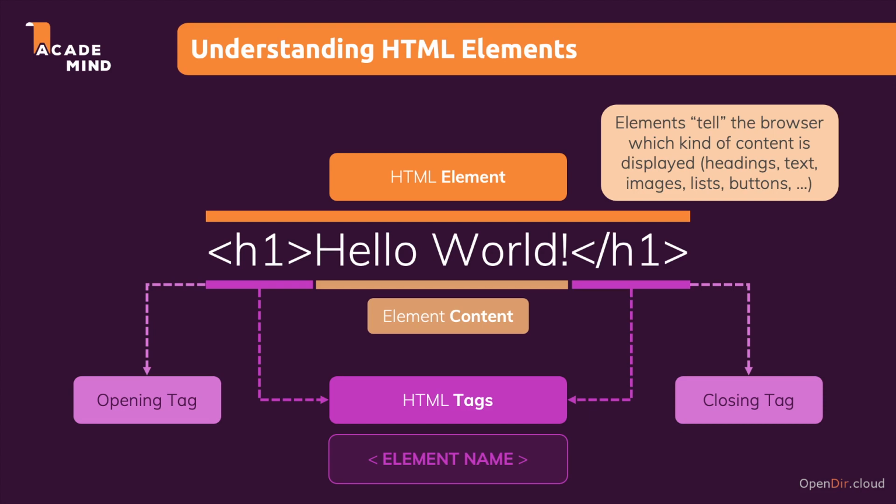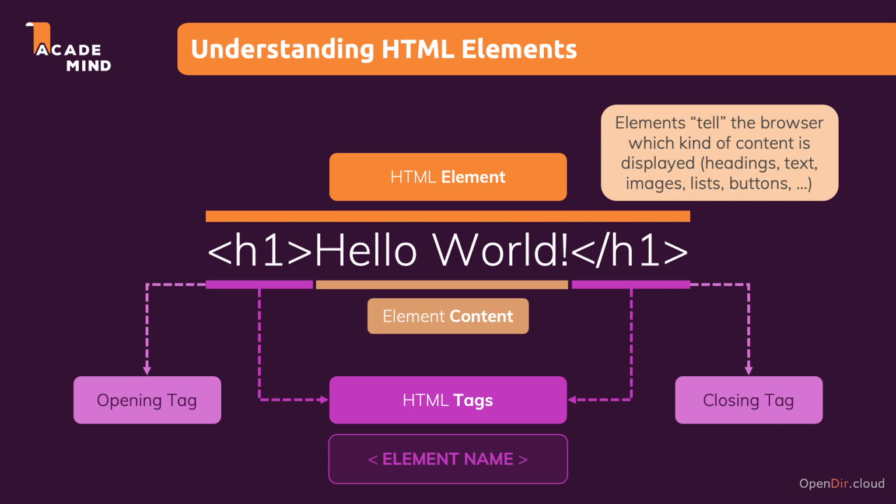Together with the angle brackets, the element name forms the HTML tag. And when it comes to those tags, we have the opening tag and the closing tag, which looks just like the opening tag but has this extra /. And that all together forms the HTML element, which has the hello world content and instructs the browser about which kind of content this is.